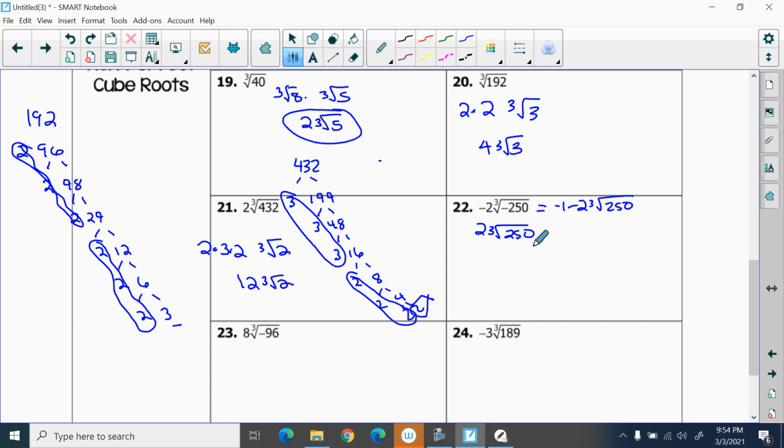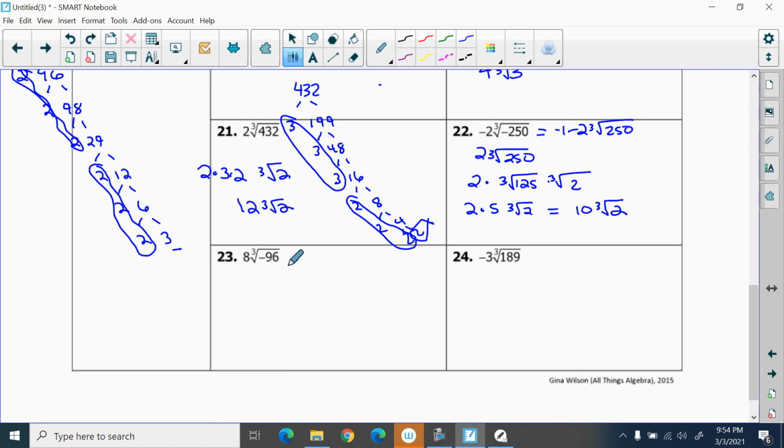So remember, 250 is equal to 2 times the cube root of 125 times the cube root of 2. So the cube root of 125 is 5. So that's 10 times the cube root of 2.